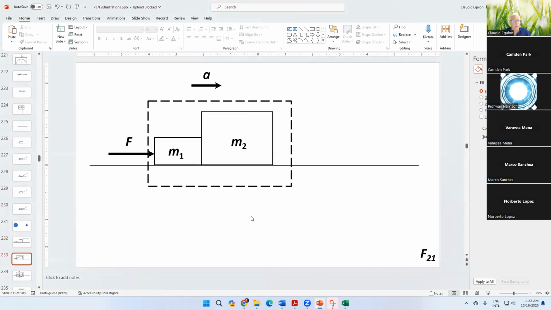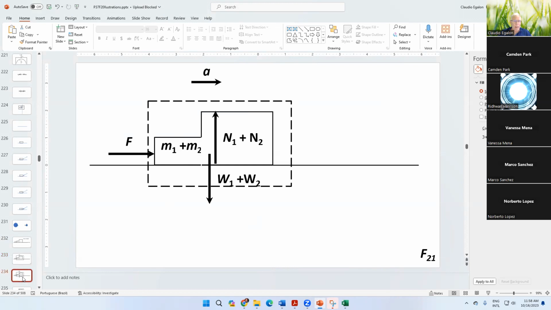I select mass 1 and 2 as my system, and then I can find the acceleration using Newton's second law. Treat masses 1 and 2 as a single object because it's our system. The acceleration is going to be given by the force divided by m1 plus m2.